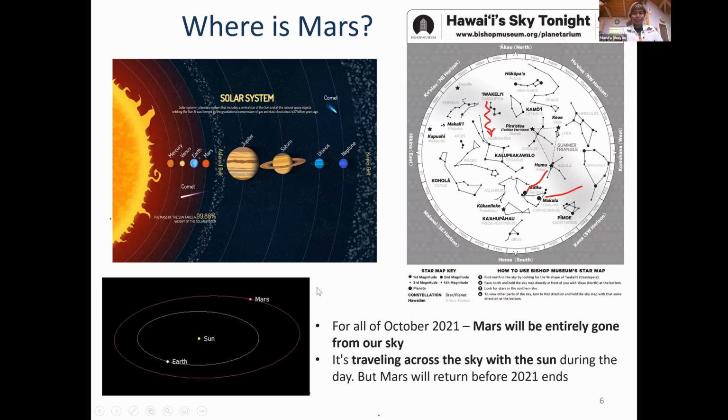Here we're talking about settlements. This month we cannot see Mars with our eyes because it's traveling with the Sun. We don't see it at night this year, but you could see it last year.